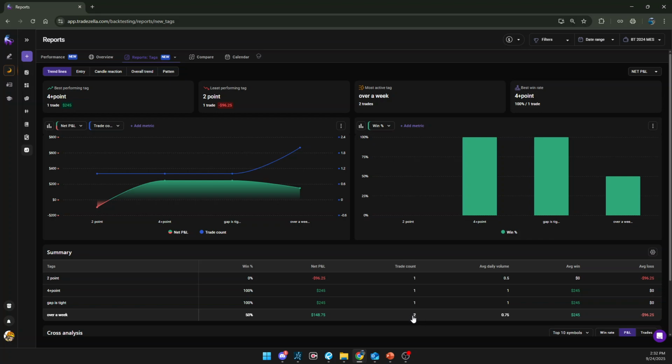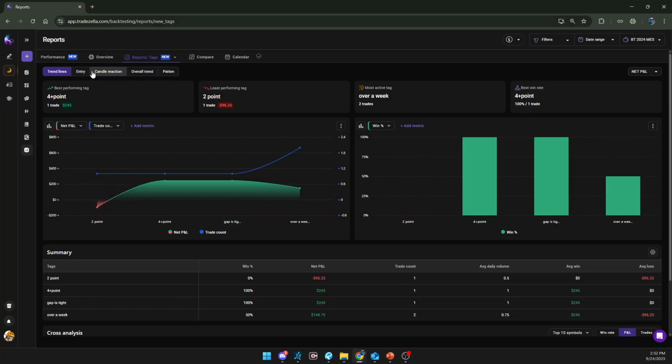If this number is below 20, it really is not a very strong number to give you a good representation. You want 20, 30 trades before this number is giving you a good representation of whether it's working or not. So you get to 2 touch point. All these just have one. Gap is tight.